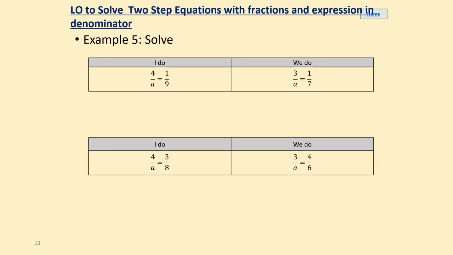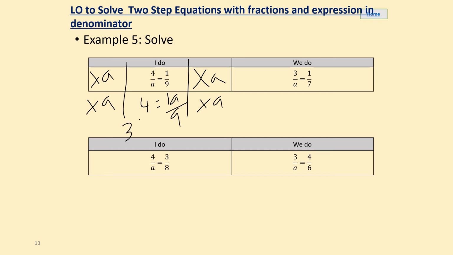Okay, so we can mark 1 times A is A. So we know we need to multiply both sides by A. So we get 4 equals 1A over 9. Then we're going to multiply by 9, because we want A by itself, not a ninth of A. 4 times 9 is 36.